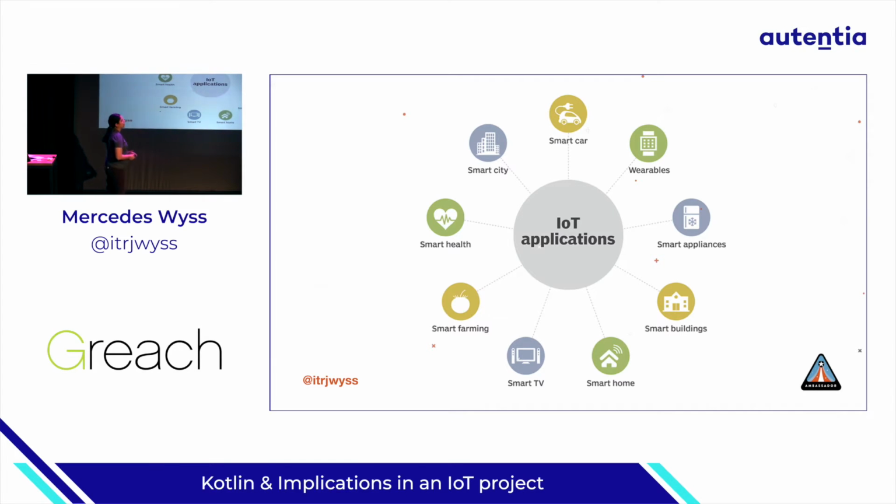We have smart appliances. In this case, the first thing that we had was a fridge. This thing will tell you when you need milk, or if you don't have any more water, or if you need eggs. Then we have smart buildings. This is not the same as smart homes. For example, in smart buildings, we can have these hotels that are adding a lot of technology.